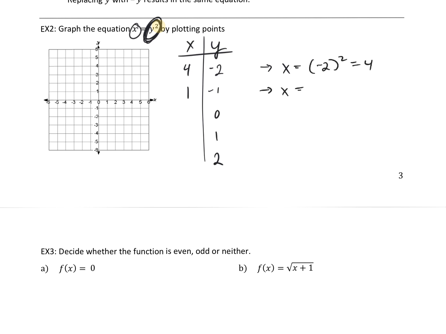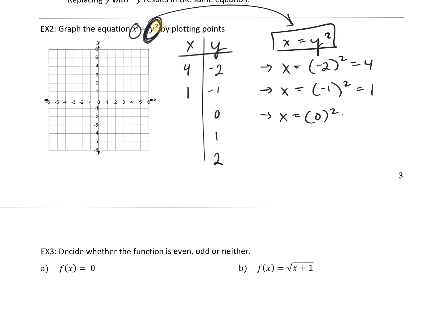Here, x equals negative 1 squared, which is 1. Again, all based on our original equation, right there. And then, x is going to equal 0 squared, which is, again, just 0. Then x equals 1 squared, which is just 1. And lastly, x is going to equal 2 squared, which is 4.